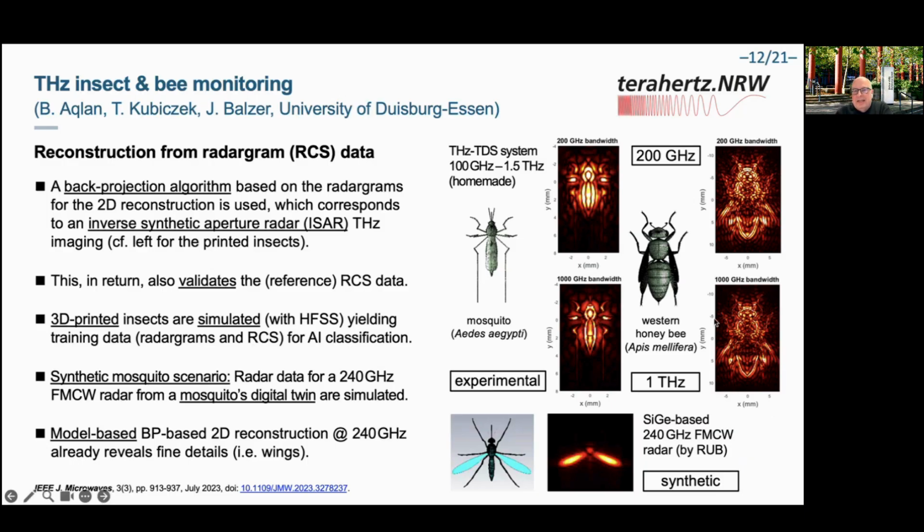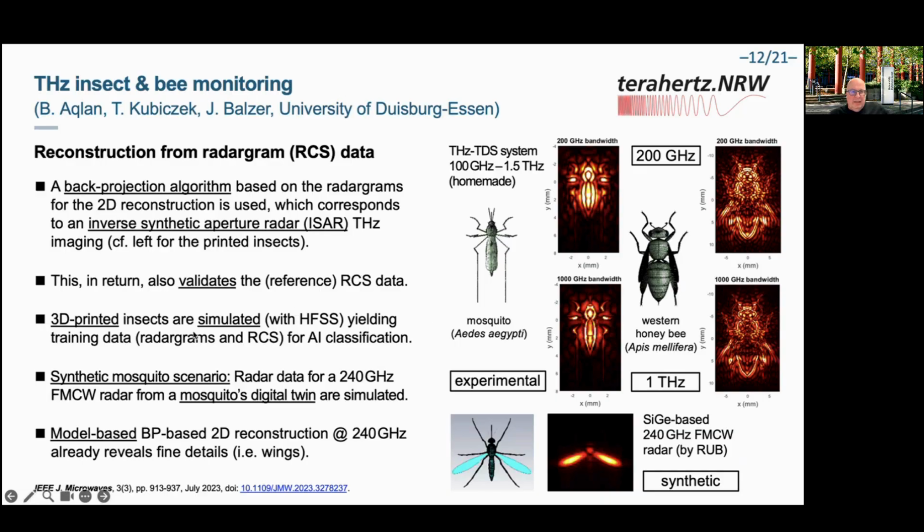We already see that the bee is very nicely reconstructed. They are even capable of reconstructing a much smaller mosquito, as shown here. Nevertheless, these reconstructions take a long time. The reconstruction was successful, and it also validates this reference radar cross-section data.